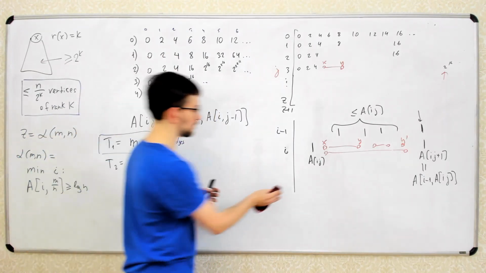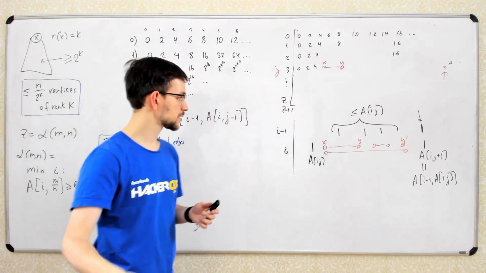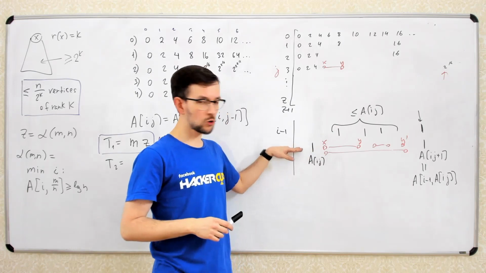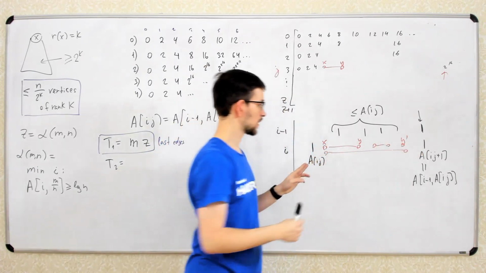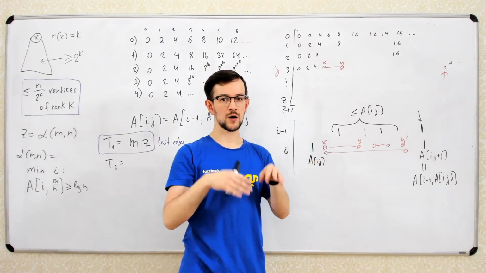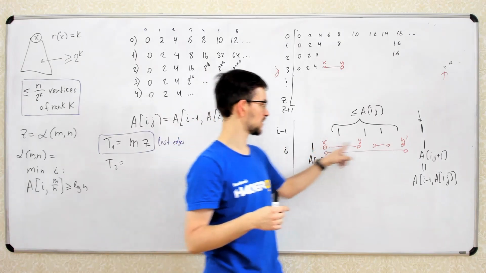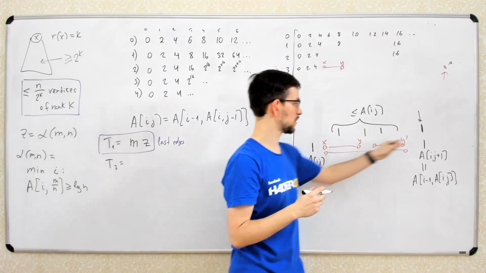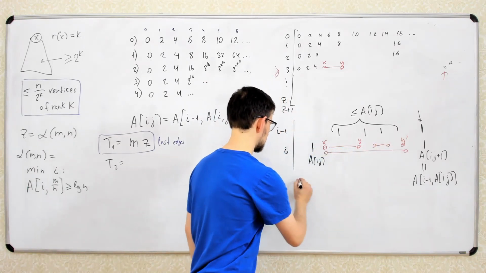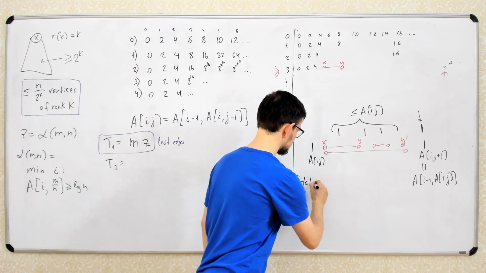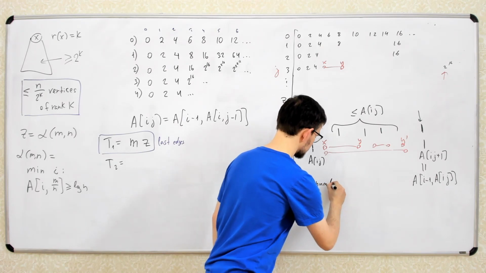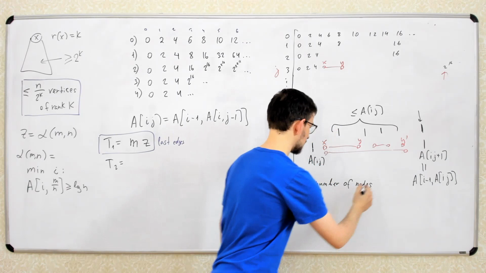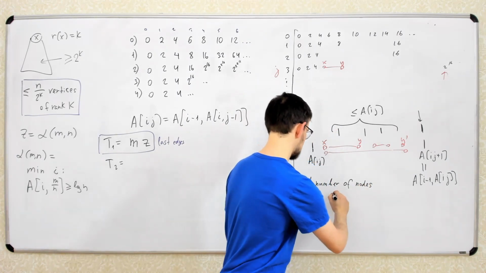Now let's calculate. Let's take all nodes in this range, all nodes with ranks between this and this. What is the total number of nodes between them?